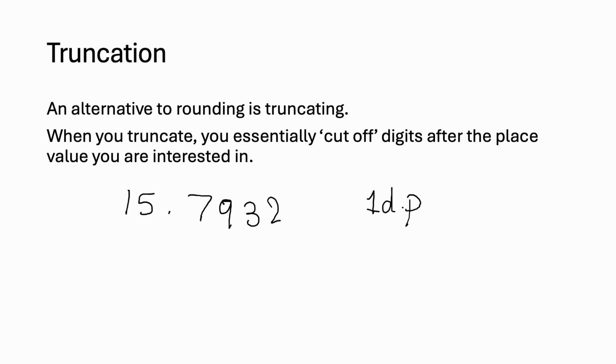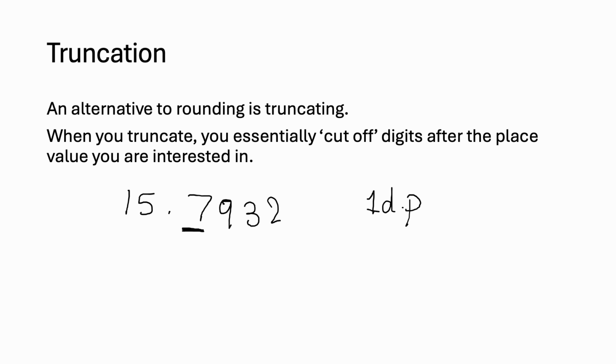Similar to what we do first with rounding, we look at the first decimal place here, which is 7. But what is different from rounding is that when we round, we normally look at the number to the right of it, and then we judge whether we are going to round up or round down.